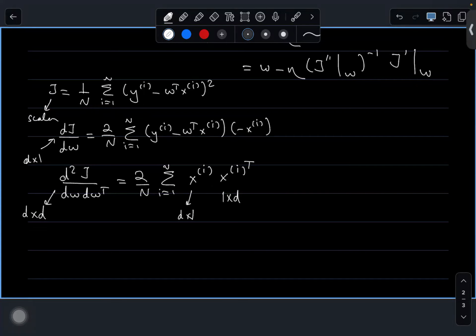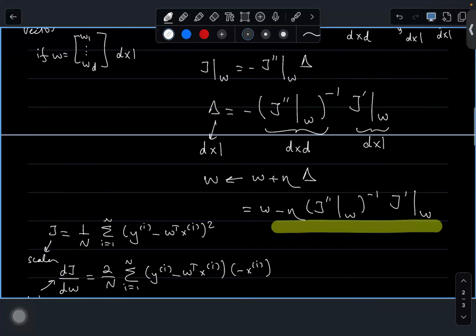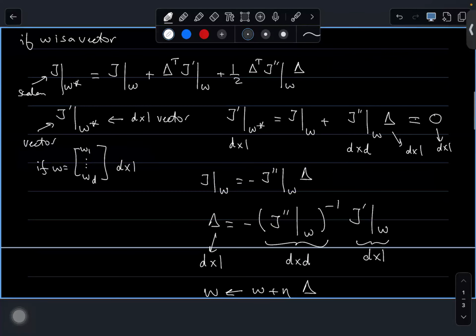So now my learning rule becomes W plus eta times, here's my learning rule. What I need to do is subtract from it the opposite of the gradient.